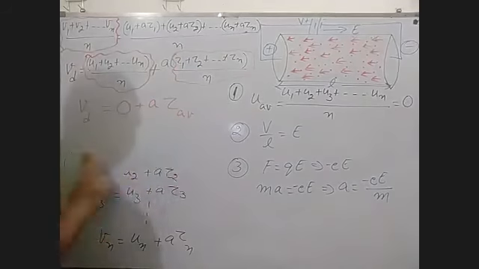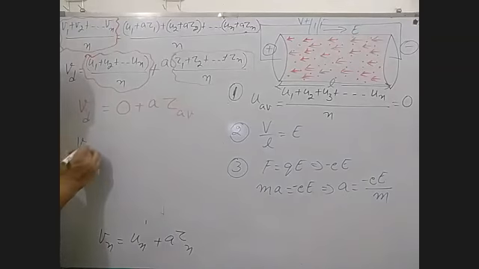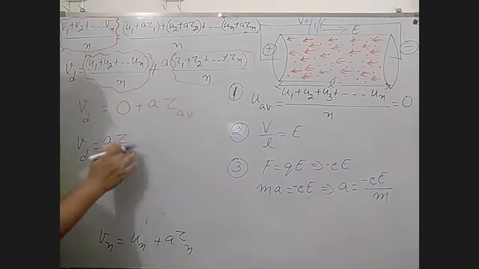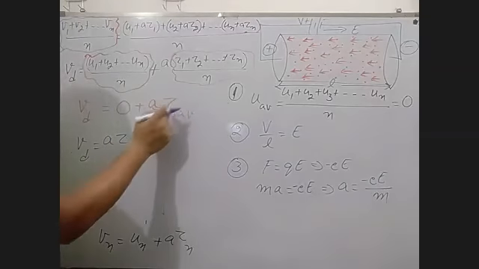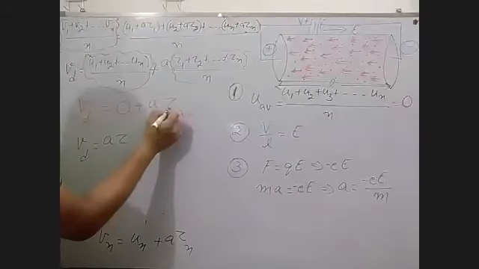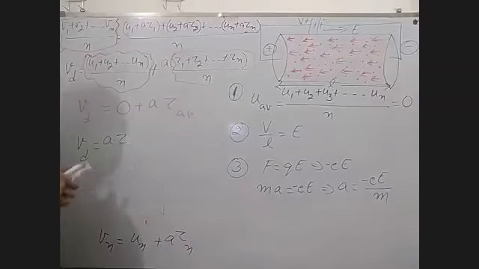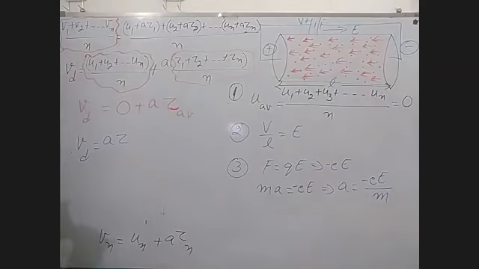Now, vd is equal to a tau average. There is no need to write average because here 1, 2, 3, nothing is there. It means this shows the average. Okay, no need to say it again and again.